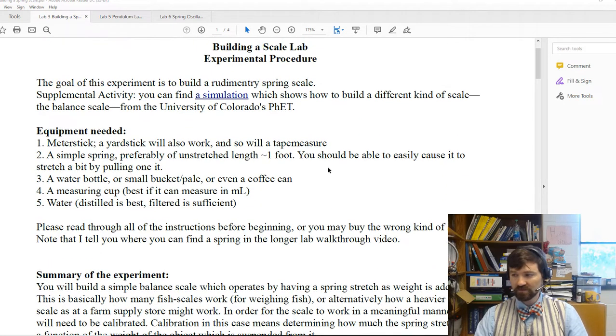For this, you used a spring that you found that was about a foot long, and then a water bottle and bucket or pail or coffee can or what have you in order to produce the masses. This was what we call a Hooke's law lab, the law that governs how much force a spring will exert versus how much it's been stretched or compressed. And so that was what this lab was about.